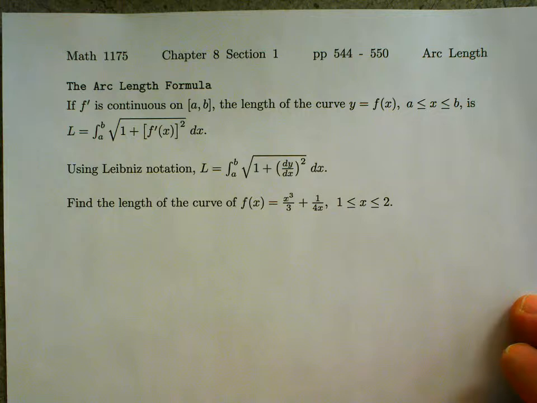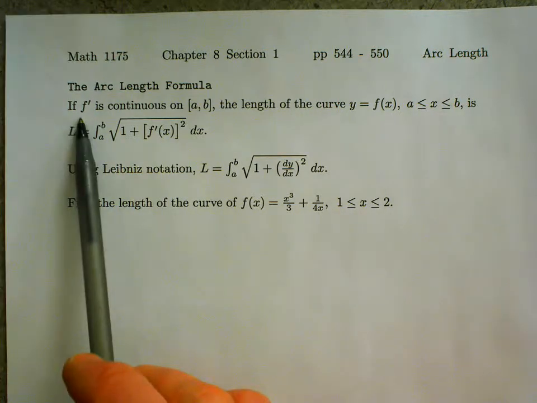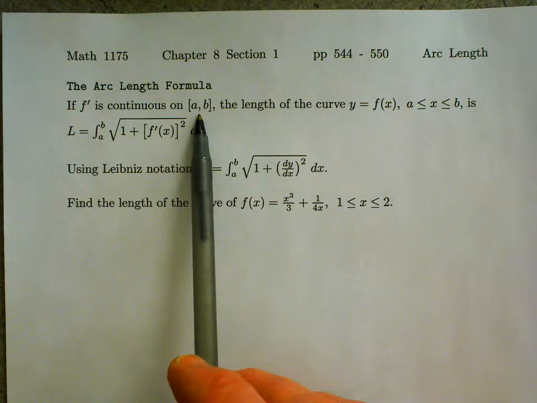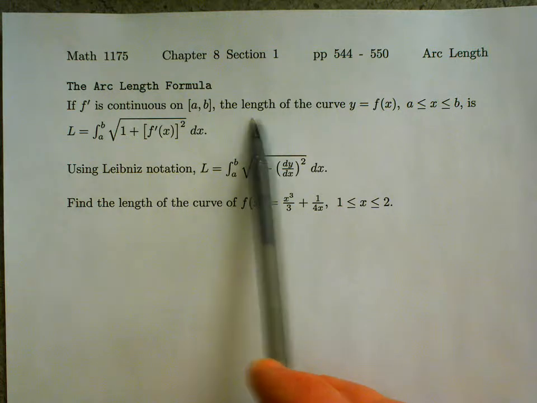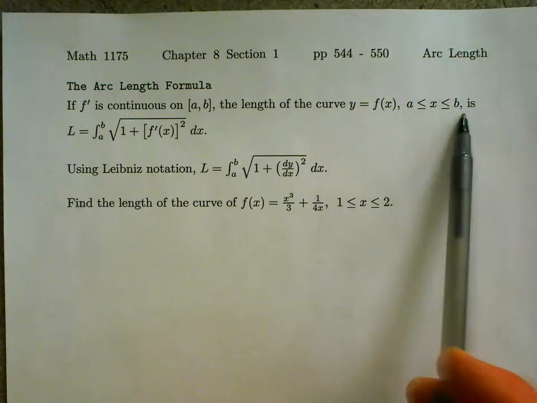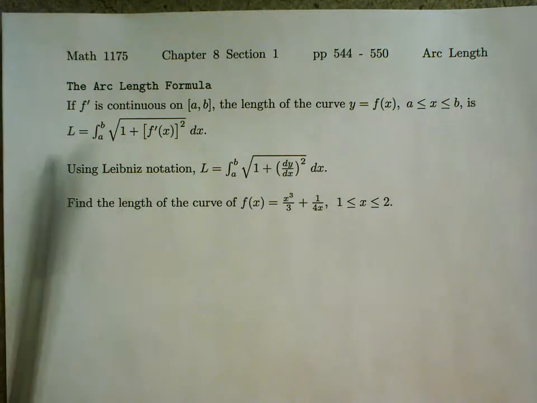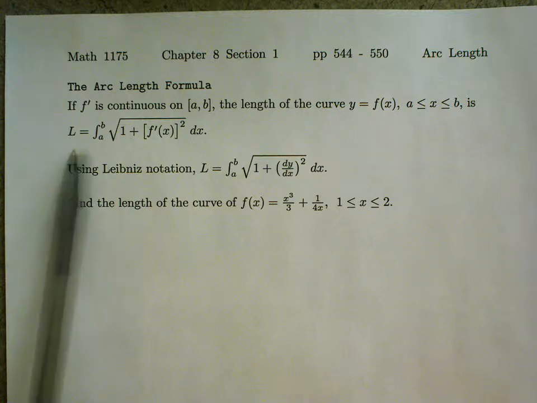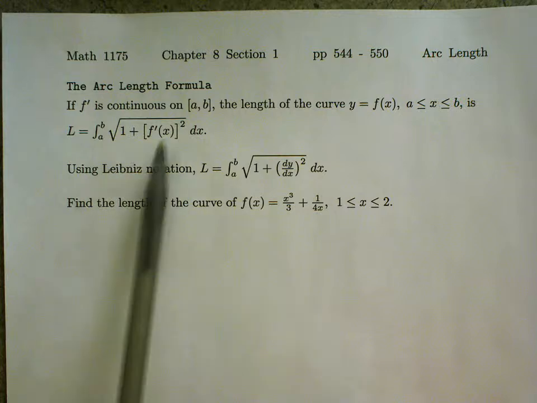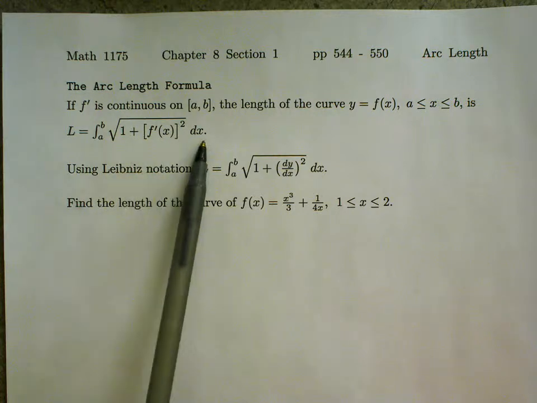Okay, the arc length formula: if the derivative of f is continuous on the closed interval from a to b, the length of the curve y equals f of x for values of x between a and b is given by L equals the definite integral from a to b of the square root of 1 plus f prime of x squared dx.